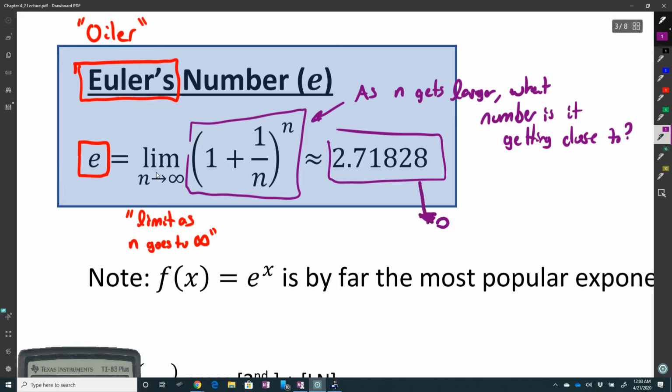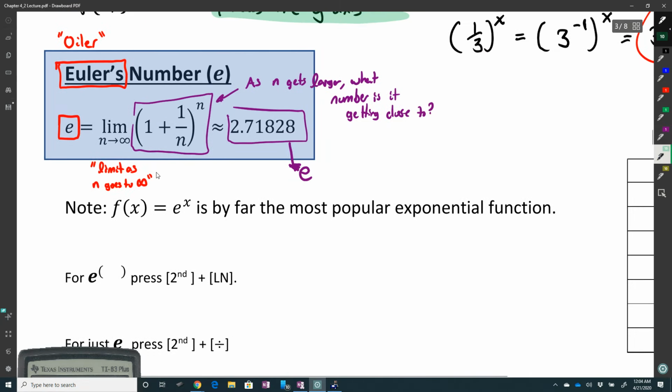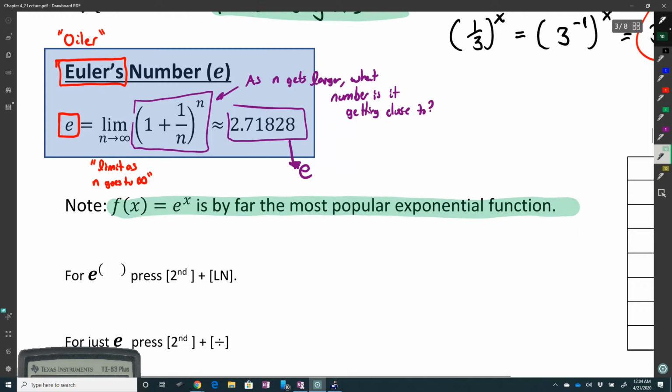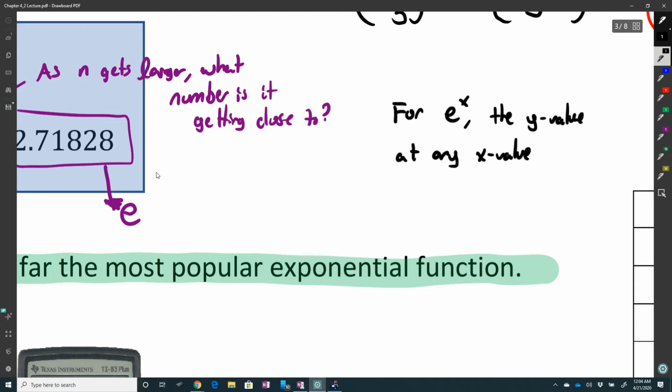And as it turns out, e is by far the most popular exponential function. Again, I'll kind of explain why, but really you'll learn in calculus why it's the most important one. The reason is that for e to the x, the y value at any x value is equal to its steepness.